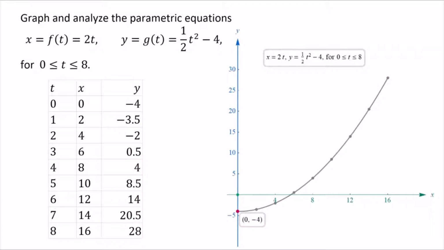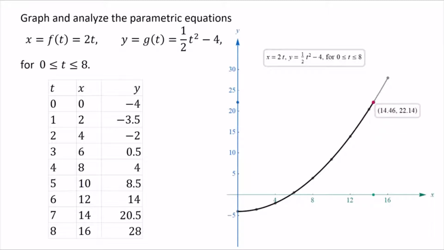Now going back to t equals 0 and the point (0, -4), we can also generate the whole curve using the interactive figure. Or we can trace the complete path as t increases from t equals 0 to the final value of t equals 8, including all real numbers or decimal t values between 0 and 8.